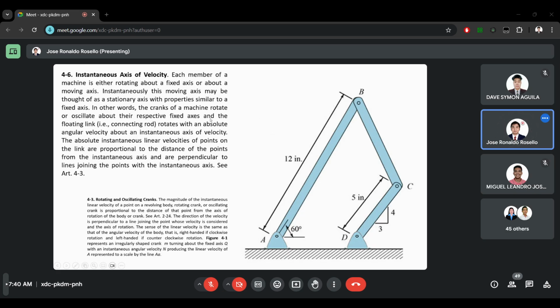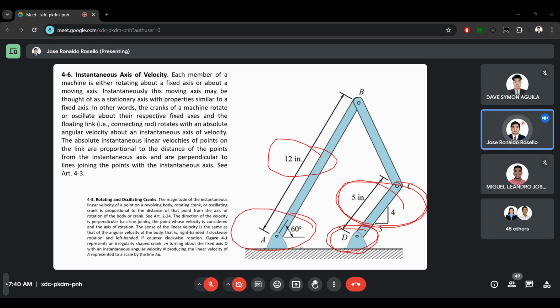Here, if this 12 inches link is rotating or moving and it is pivoted at point A, meaning the axis of this link is at point A. If this CD link is moving, and it is pivoted at point D, meaning point D is the axis.